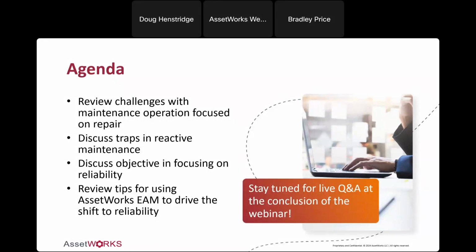We'll talk about some of the traps that come up in reactive maintenance, and then look at how you can focus on reliability, with some tips for doing that with the tools available, starting to steer into a more reliability-focused maintenance process.